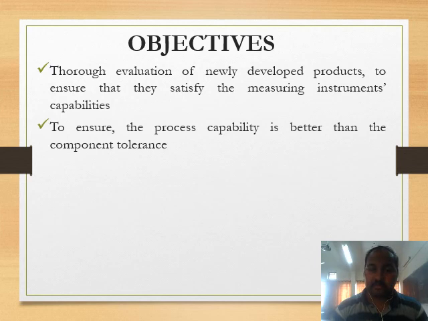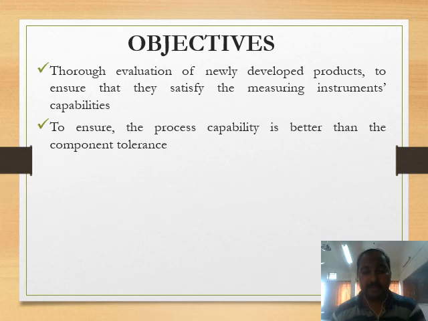Always it is about the process capability. When I am saying a process is involved in the whole manufacturing process, which is related to the measurement concept or metrology concept, that needs to be always better than the component tolerance. Example, let me say a shaft is being manufactured with 10.006 plus or minus 0.06 mm. The process needs to be established in such a way that it should be better than that.